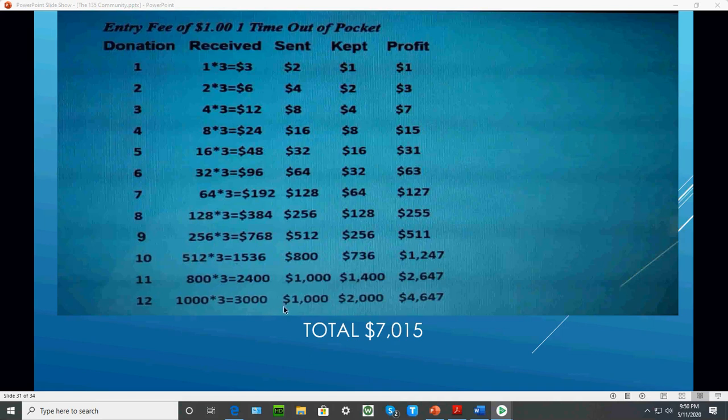Now, at this particular point, whenever you receive $1,000 from 3 people, you will no longer donate on a Monday or a Thursday. At this particular point, you will donate to your inviter on a Tuesday of each week.